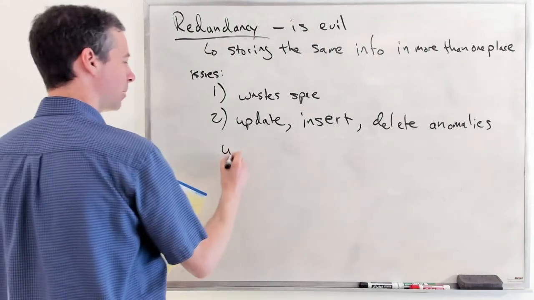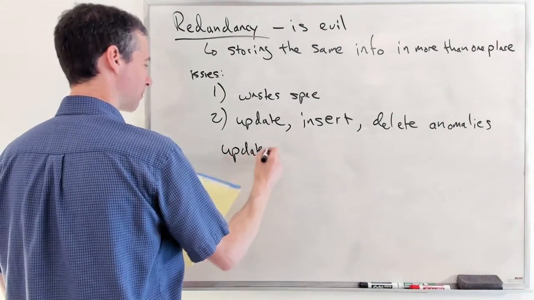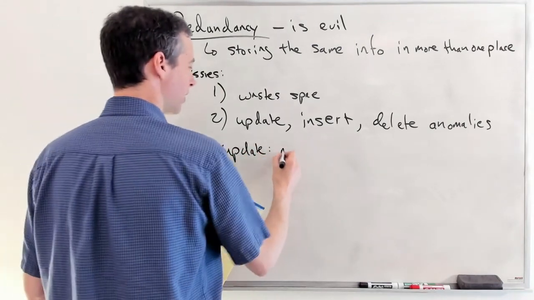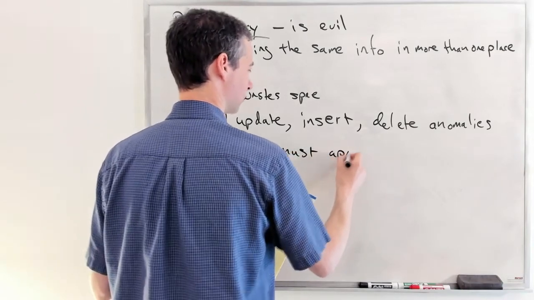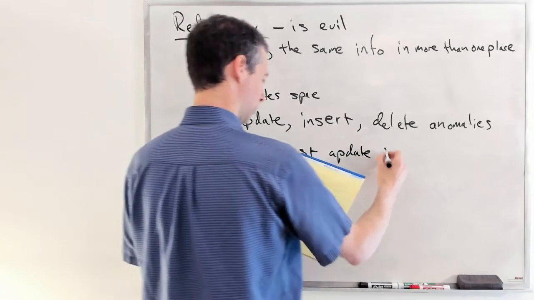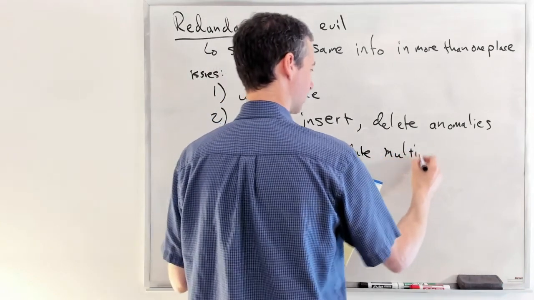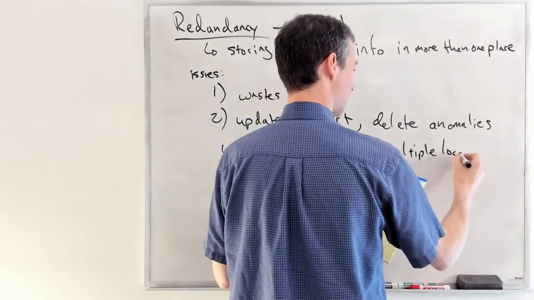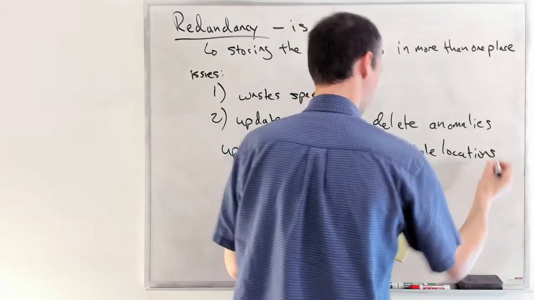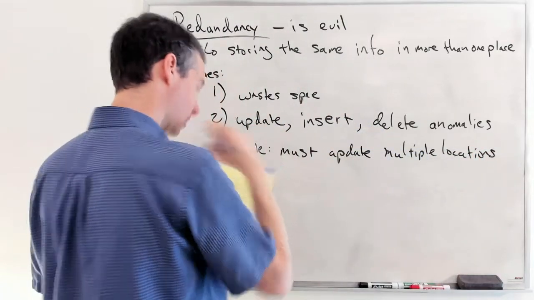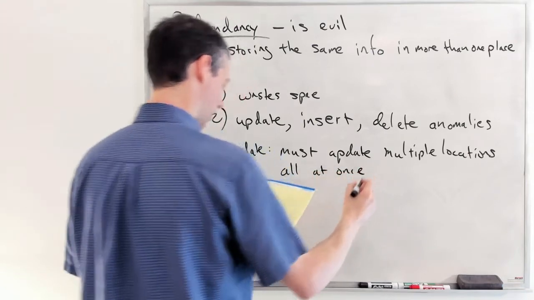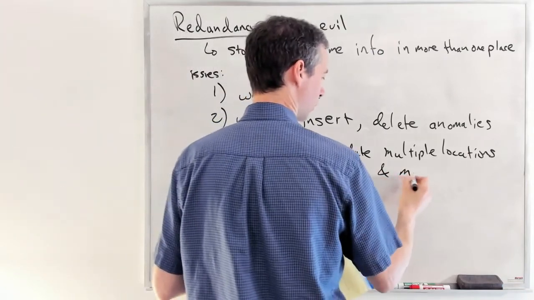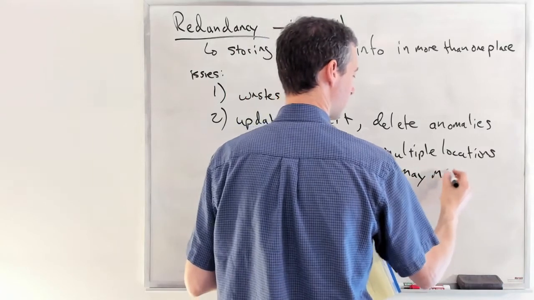When we have an update anomaly, our issue is that we must update multiple locations. Because again, we've put the data in all sorts of places in the database. We've got to do it all at once. And we are very likely to miss some.